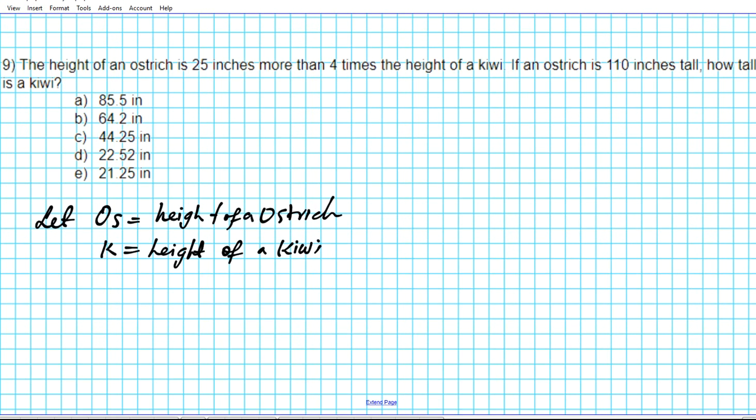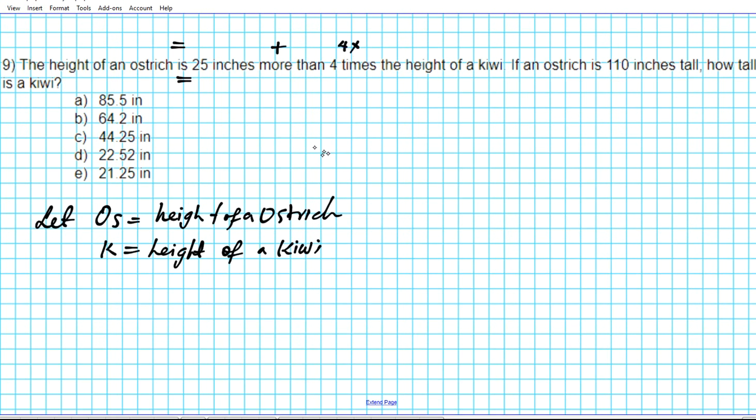Let's set up some equations. The height of an ostrich is 25 inches more than 4 times the height of a kiwi. So "is" means equal, "more" means add, and "4 times" is just 4 times.